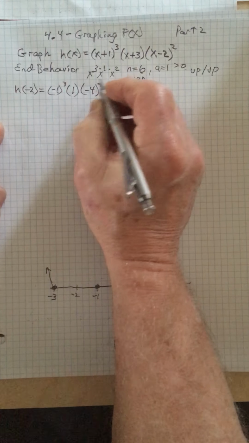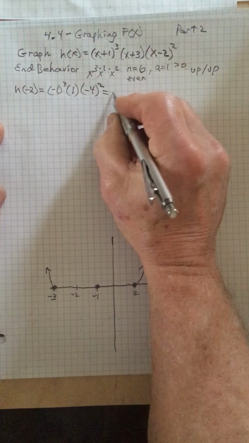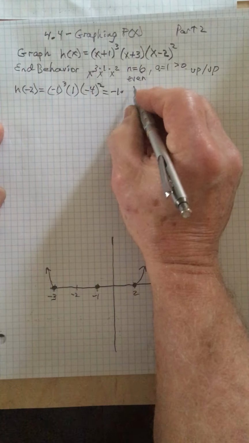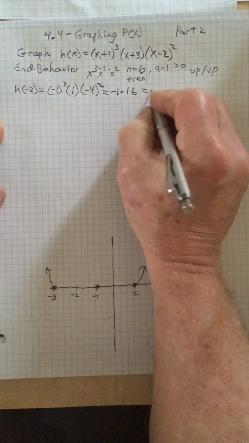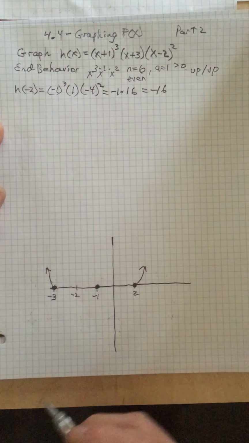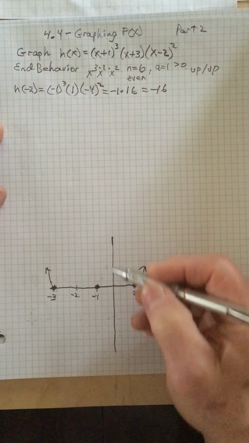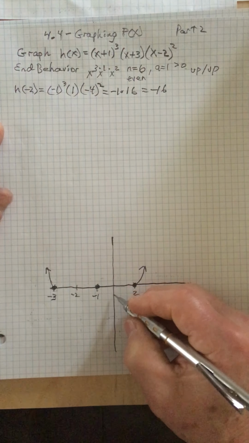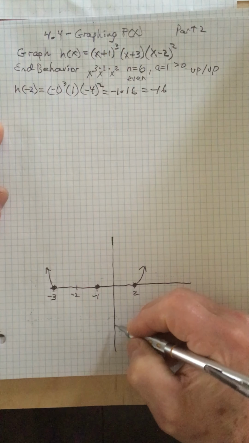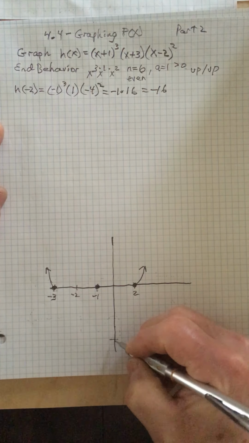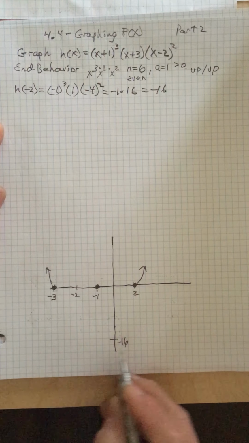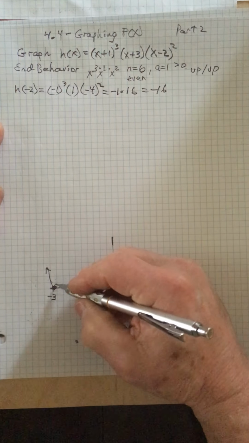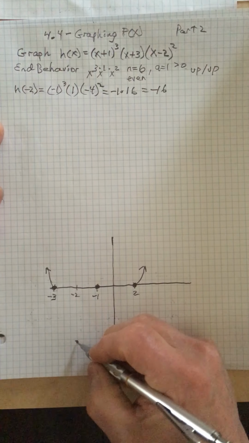So that's a negative, and -4 squared is positive 16. So that's -16. At x equals -2, we're going to go down to -16. So let's make that -16, and we will be here.